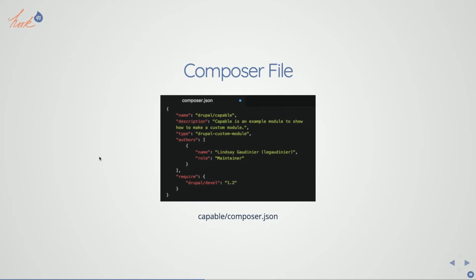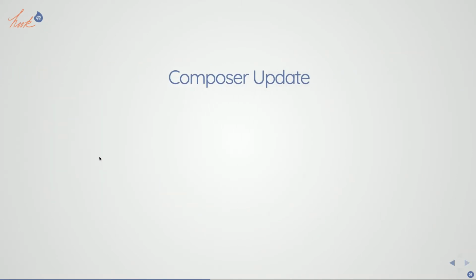But it's just a simple composer file, and I'm requiring the devel module. These can get very complicated, and they can get really finicky with how you write them. So please read the Composer documentation for how to structure your files.